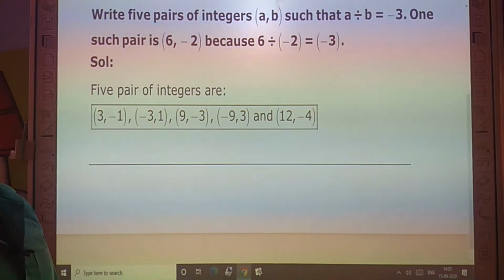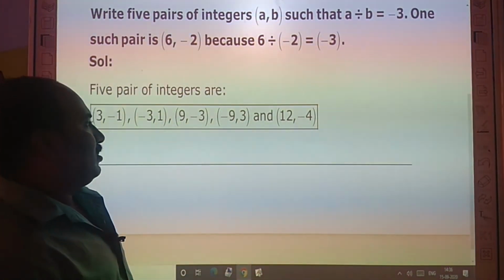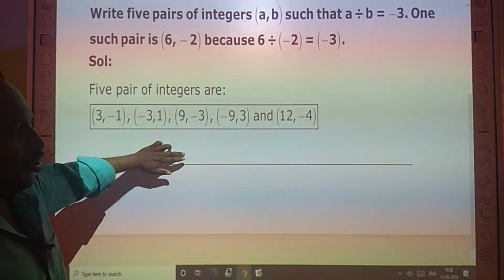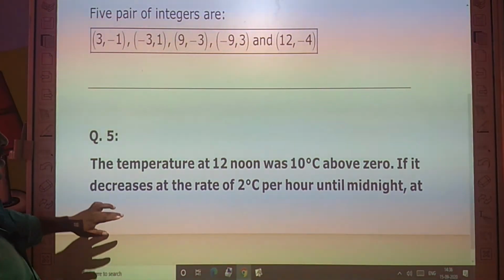Minus 3 divided by 1 is equal to minus 3. 9 divided by minus 3 is also minus 3. Minus 9 divided by 3 is equal to minus 3. 12 divided by minus 4 is equal to minus 3.